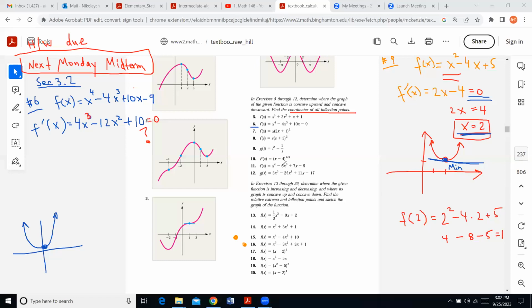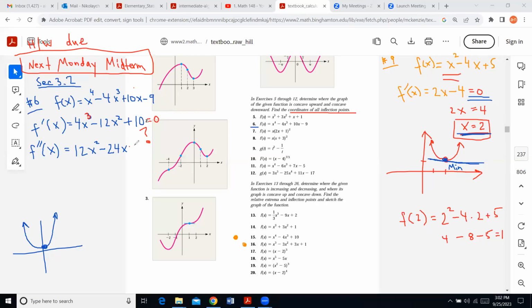But what I'm going to do is take a second derivative. That's what they want me to do. You can take the derivative of the derivative again and again. After I take the second derivative, it'll be 12 multiplied by x squared, minus 2 times 12 is 24 multiplied by x. I will also set it equal to 0.